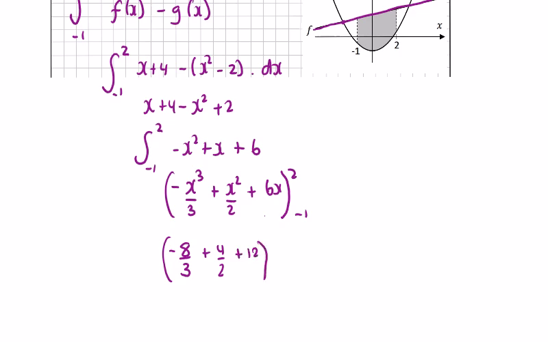When I put 2 in, then I have to minus, put in minus 1, and I get minus 1 cubed, that's going to give a plus 1 over 3 plus minus 1 squared over 2, and then minus 1 by 6 minus 6.